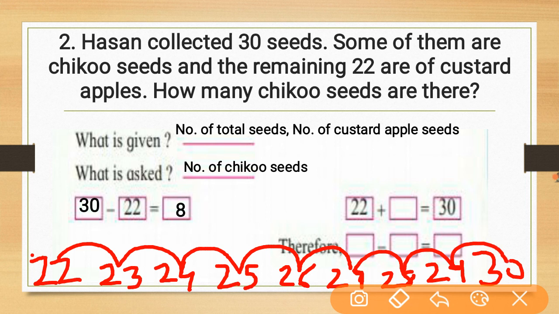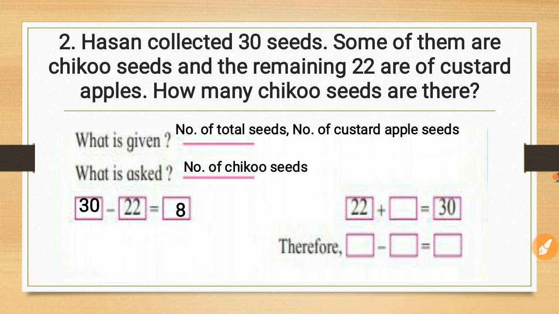How many steps did we take here? Yes, we took 8 steps. So the answer here is 8. 22 plus 8 is equal to 30. Therefore, 30 minus 22 is equal to 8. In both ways we get the same answer here. I hope all of you understand.